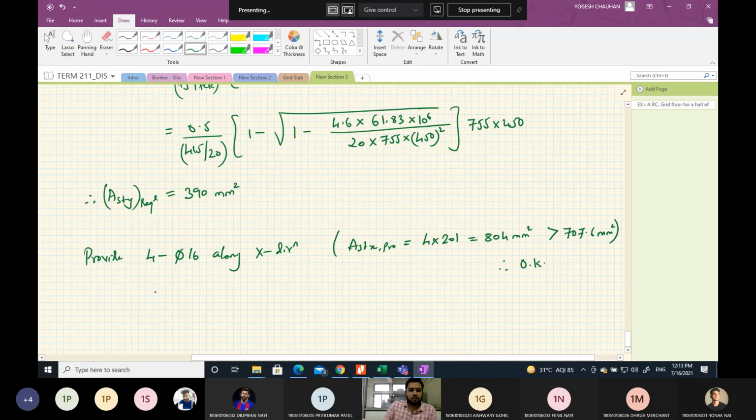Similarly, provide 2 bars of 16 mm diameter along y direction.